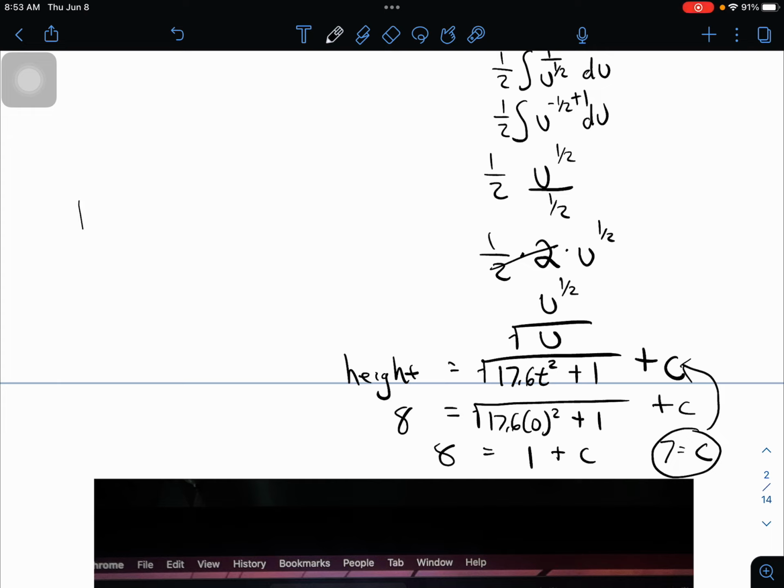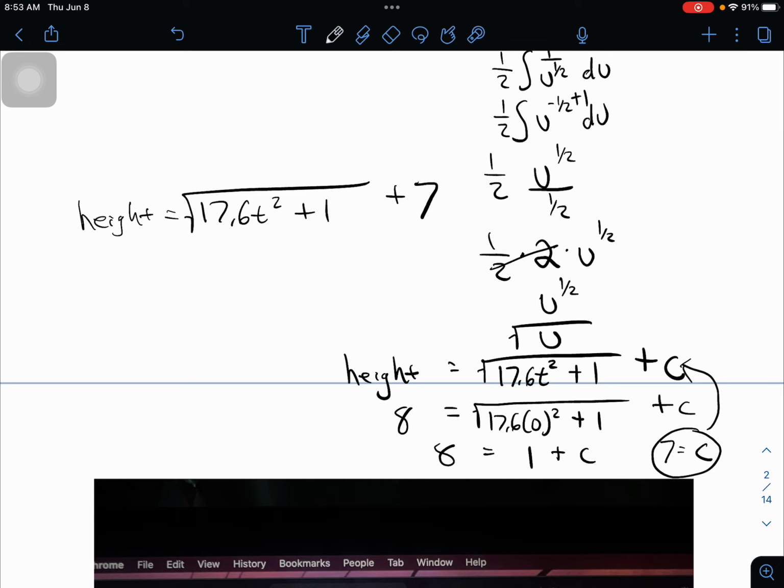So the height, I'm rewriting this, height equals the square root of 17.6 t squared plus 1. But now it's not plus c, it's plus 7. Plus 7.